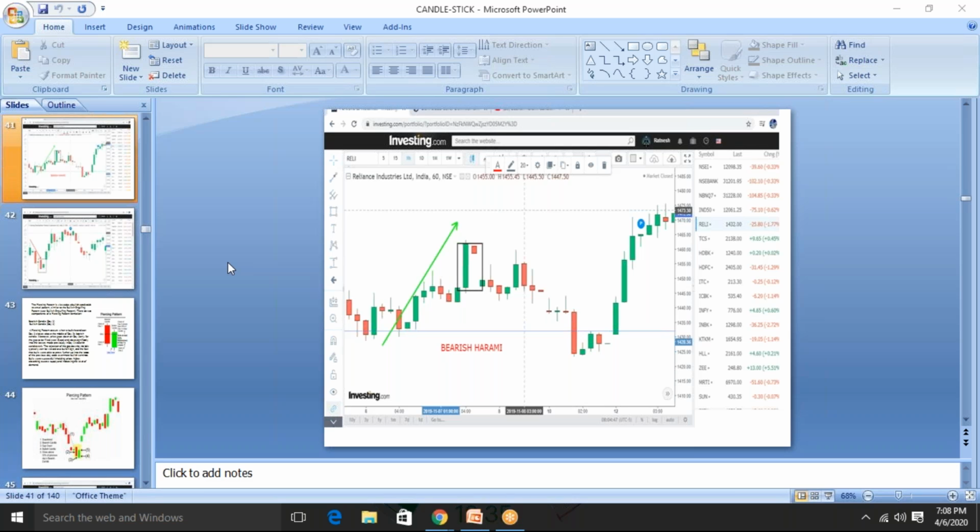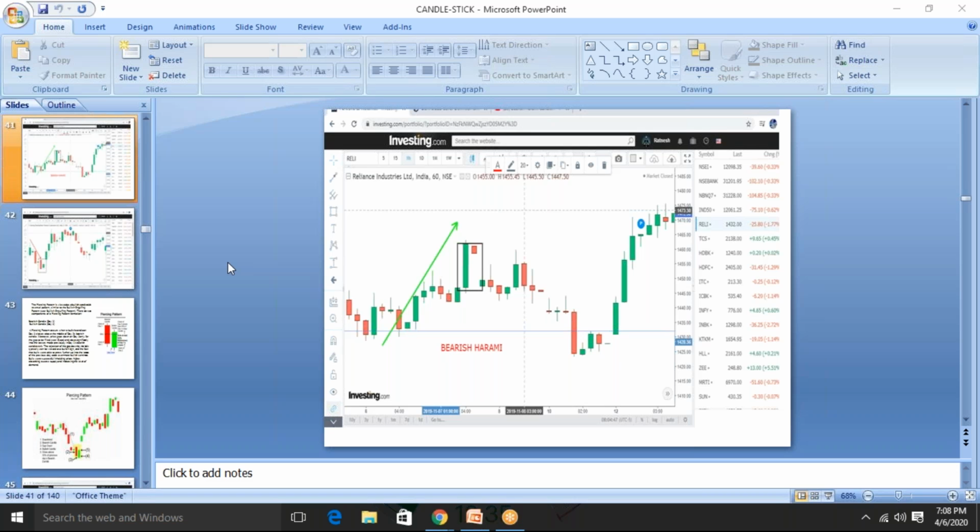Most of the patterns are reversal patterns, so the market is likely to change its direction right from here.